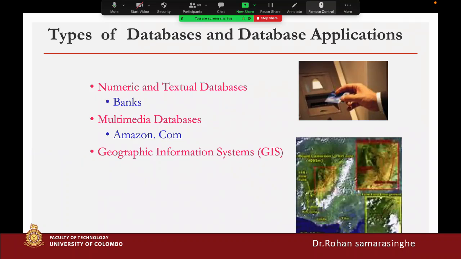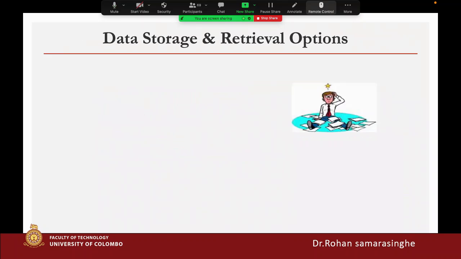With GIS systems, if you want to get a location, you can use the Google GIS system to see and trace the place. All these images are stored in the GIS system, geographic information systems.